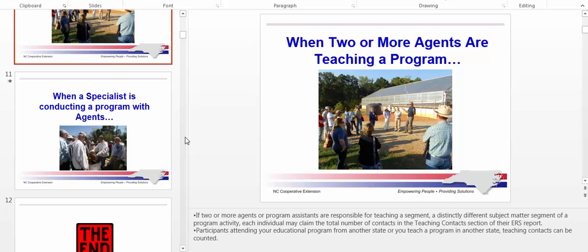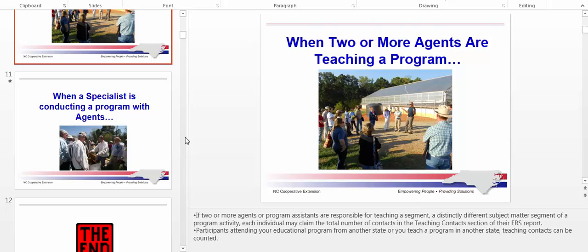So the next part of this is, what happens if you have a specialist helping to conduct a program? Who has the ability to share the contacts? If two or more agents or program assistants are responsible for teaching a distinctly different subject matter segment of a program activity, each individual may claim the total number of contacts in the client contact section.